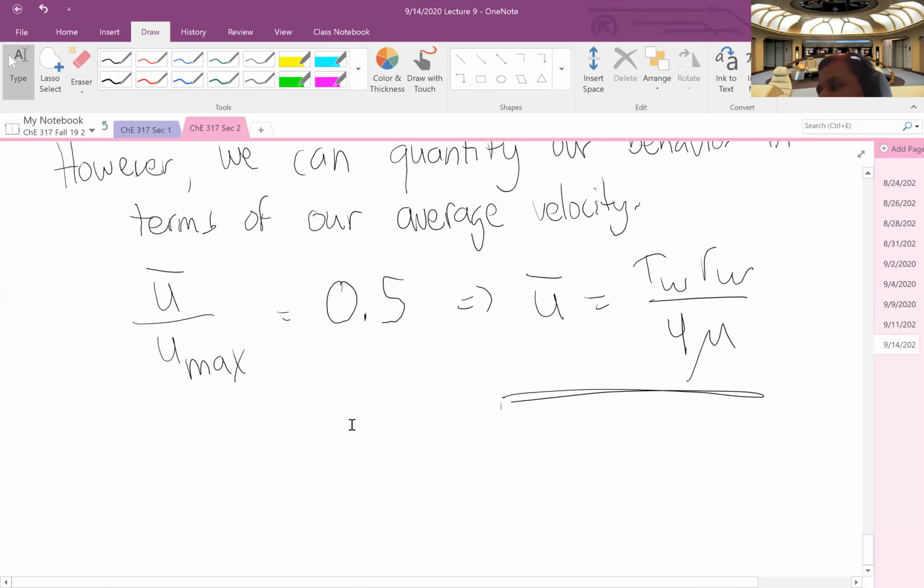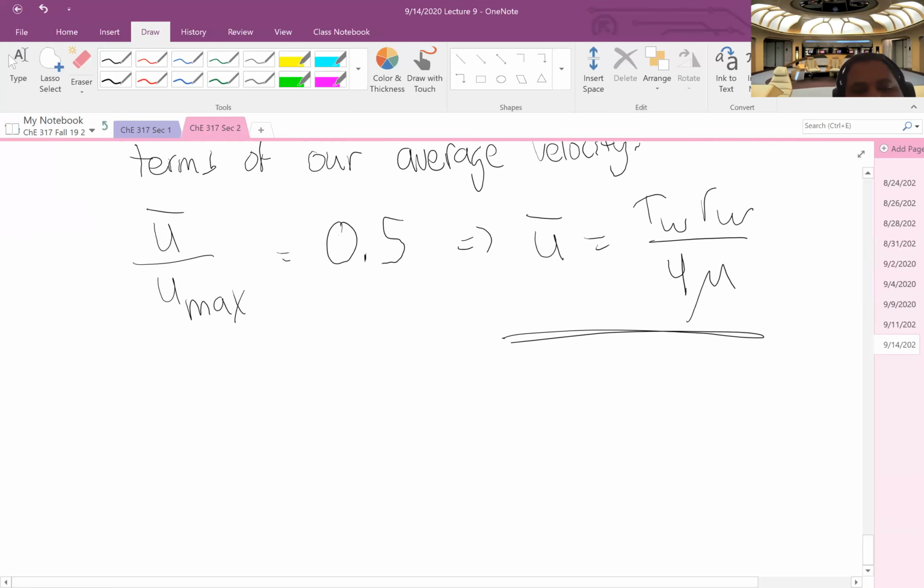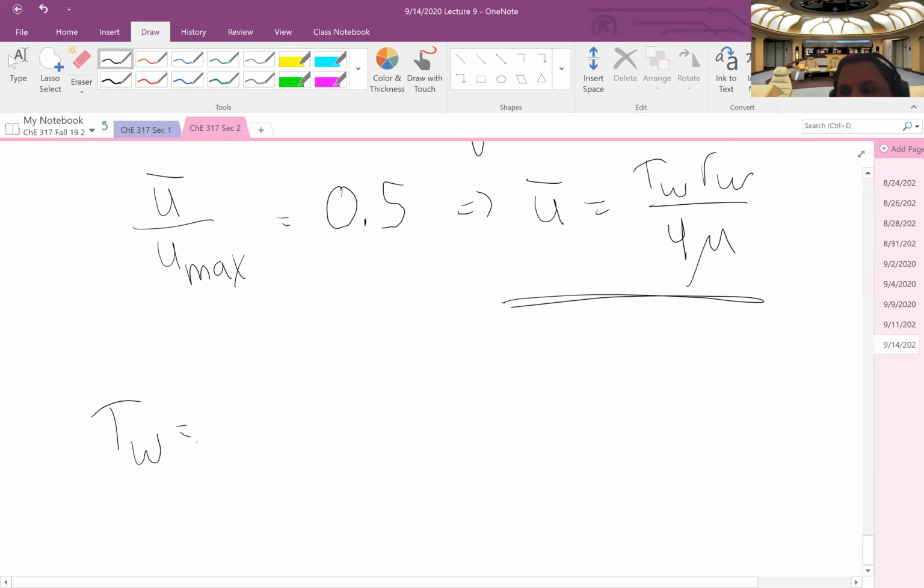So what can we do with this? Now we have a function in laminar flow of our average or mean velocity as a function of shear stress and the radius of the wall. Well, if we remember from earlier, we also just said that for flow, tau w is delta P times diameter over 4 times length. Did we not?